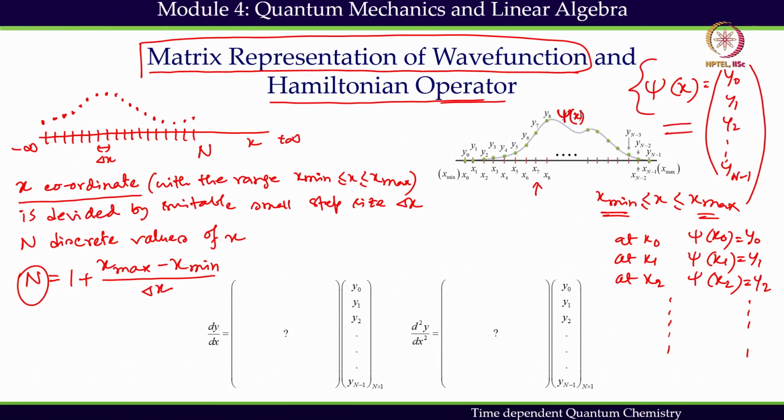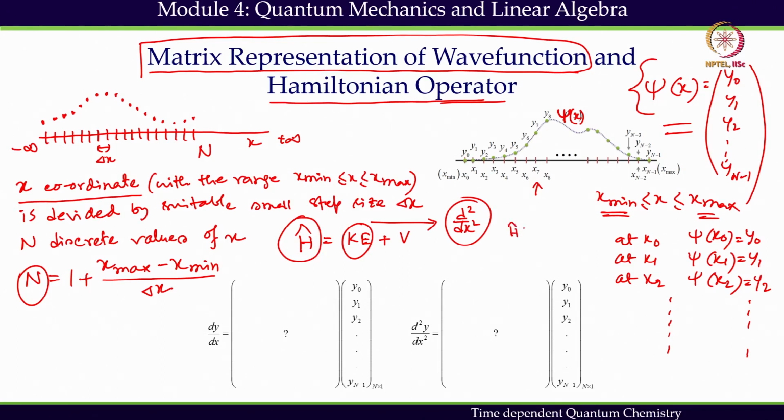Now, the Hamiltonian operator has a kinetic energy part plus a potential energy part. The kinetic energy part has a derivative operator. So in order to represent the Hamiltonian operator in the matrix form, the first thing we have to understand is that this Hamiltonian operator is going to act on the wave function.